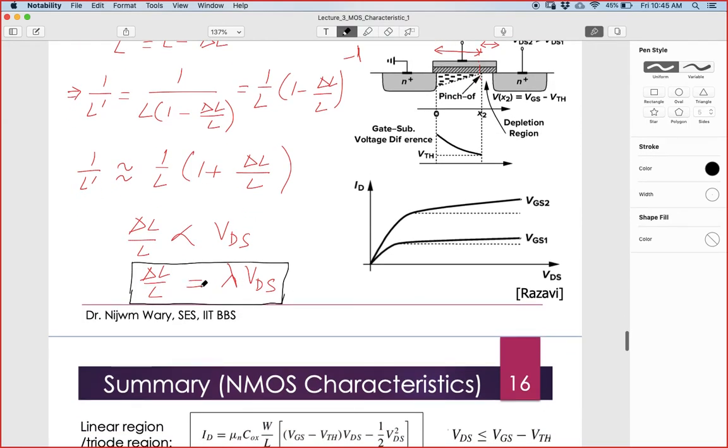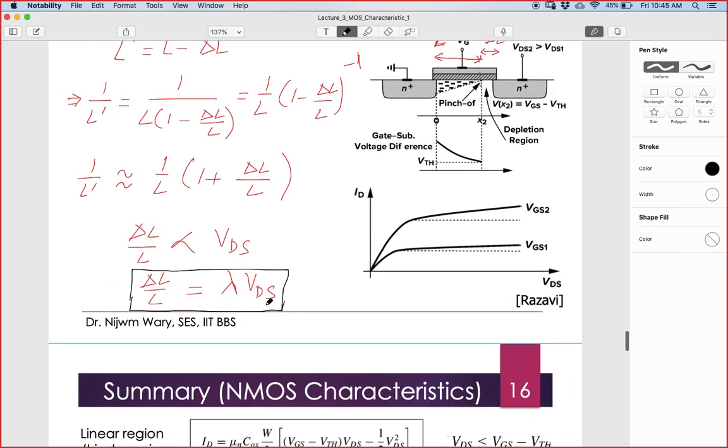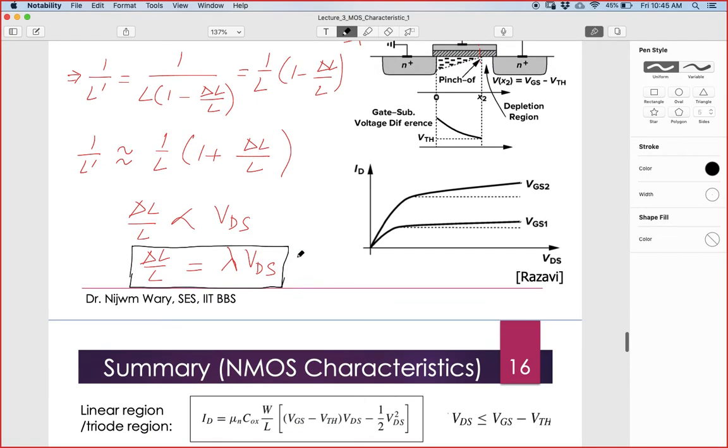If I plug this back in, I get 1 by L dash equal to 1 by L, 1 plus lambda VDS. So I can write 1 by L dash as 1 by L, 1 plus lambda VDS.